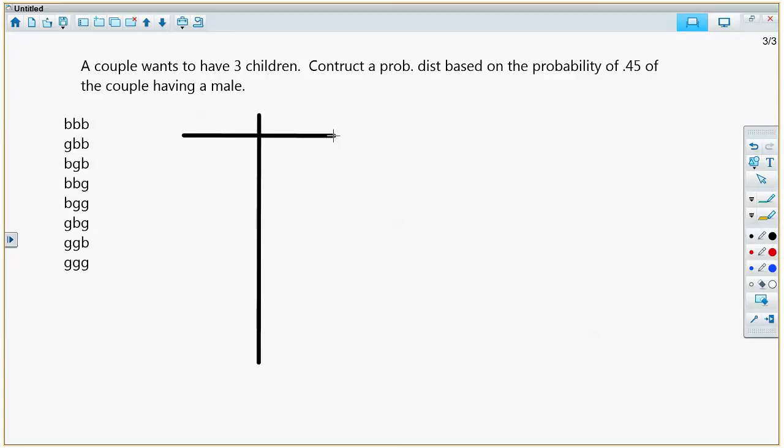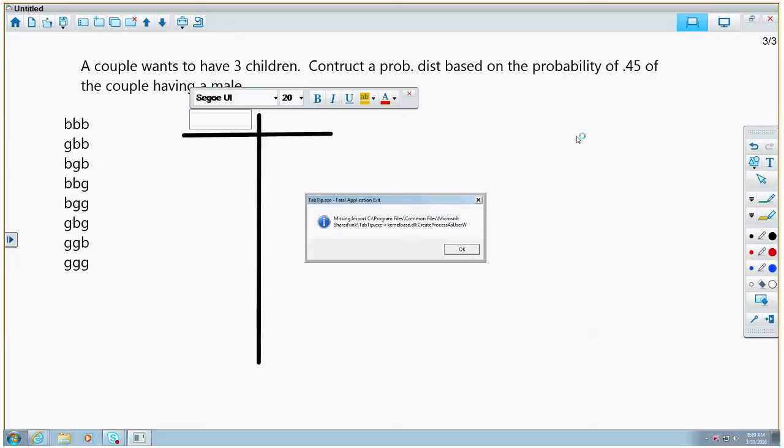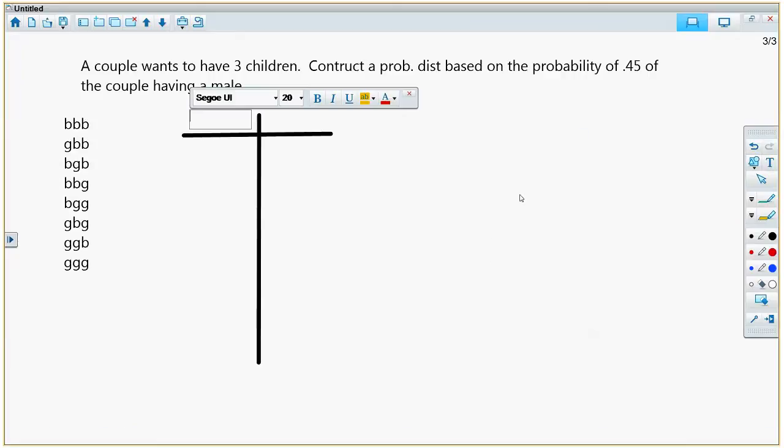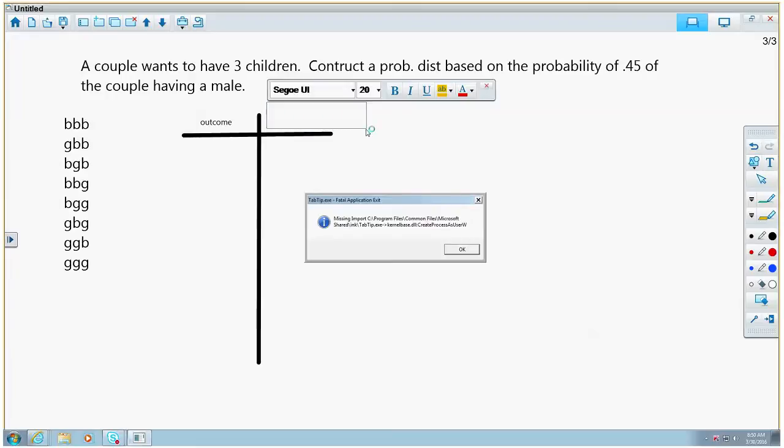We'll just say that the event over here is the outcome. Forgive the pun, but when the baby comes out, the baby comes out. You ain't really got any control over it. And over here is the probability of the outcome.